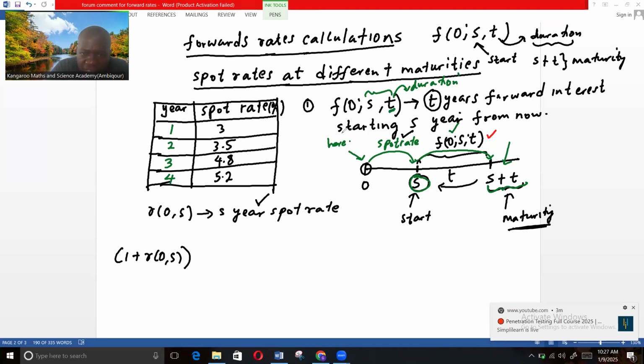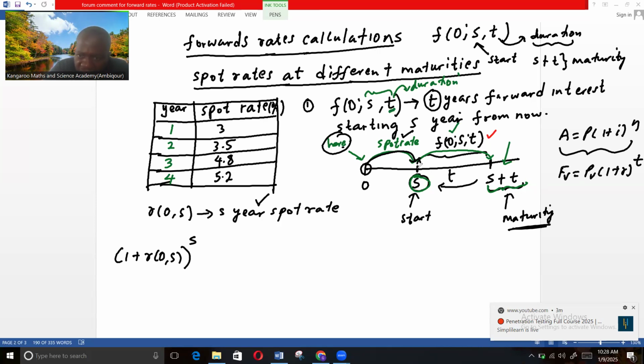Remember, if we're making any investment here, we'll make the investment looking at the spot rate up until S. It's like when we are using A equals P into 1 plus i to the power of n, the compound interest formula. So now this would be 1 plus the S spot rate, but for how many years? It will just be for S.